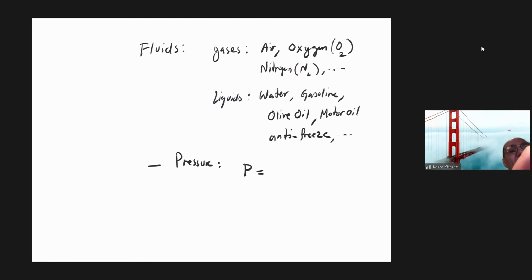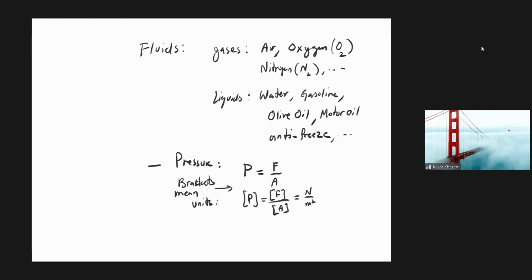So pressure has units of force over area. Now I don't know if you're familiar with what the brackets mean. Brackets mean units. So the unit of pressure is the unit of force divided by units of area, which is newtons per meter squared.